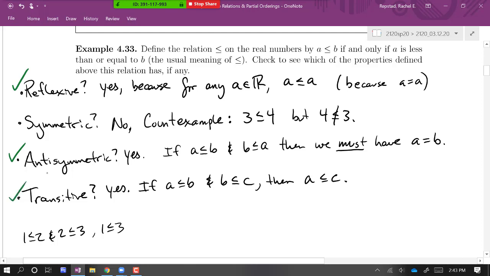We didn't use the words partial ordering then because we hadn't defined it, but that means it is a partial ordering.